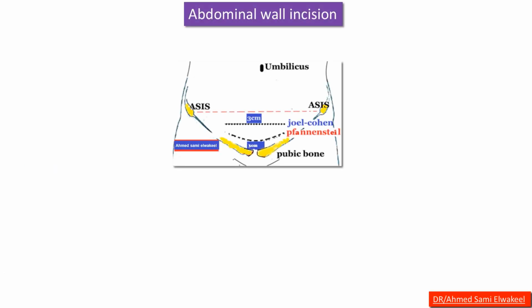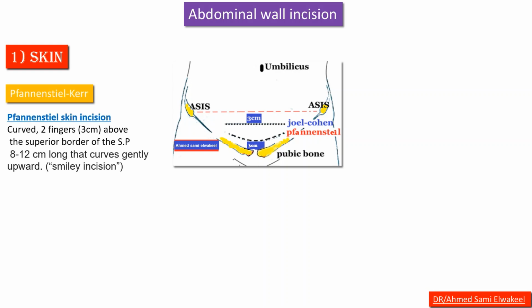Abdominal wall incision, and let's start with skin. Pfannenstiel method. Pfannenstiel used the Pfannenstiel incision, which is curved, 2 fingers above the superior border of the symphysis pubis, 8 to 12 cm long, that curves gently upward, a smiley incision.